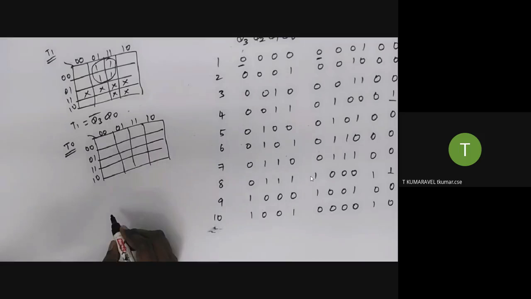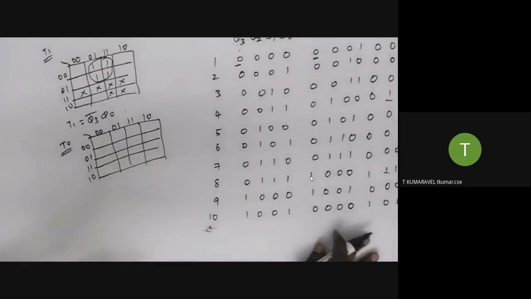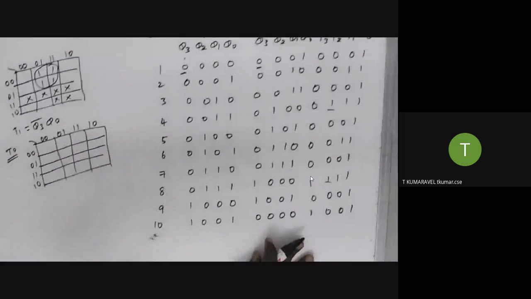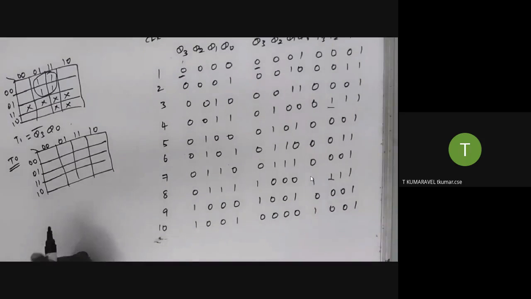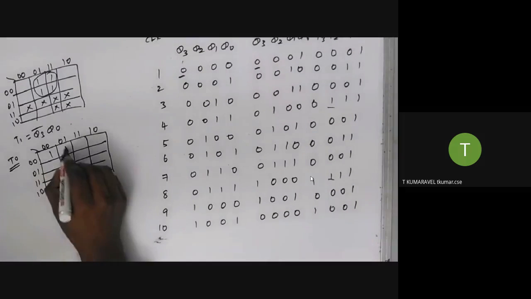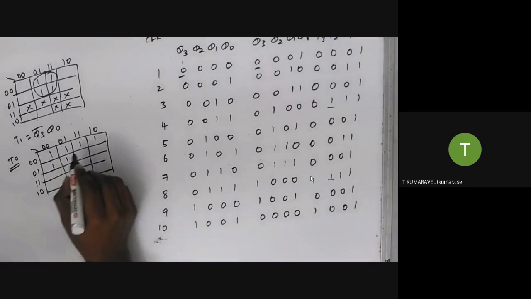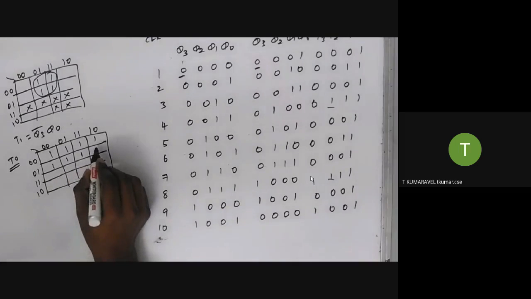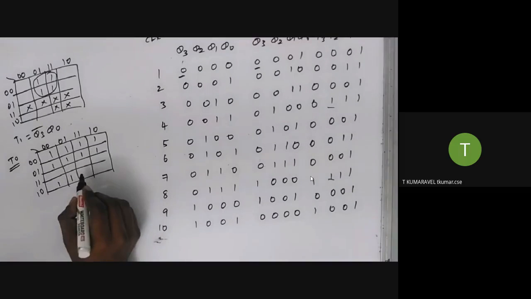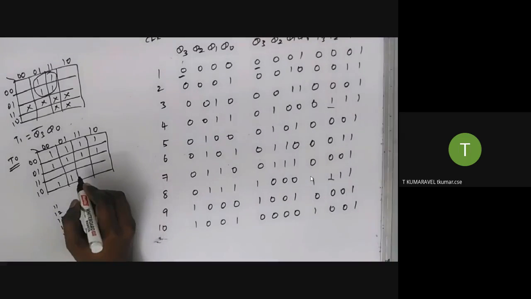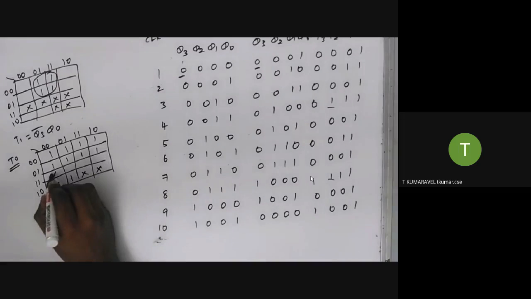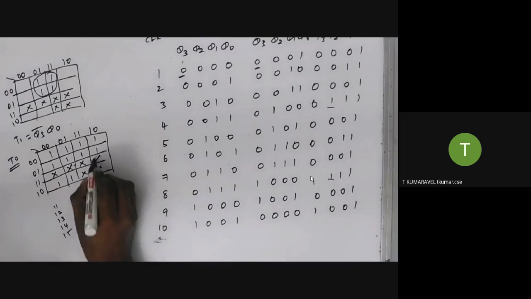For T0, all the places' values are 1, so I am going to write 1 in all of them. But we don't know the value of 11, 12, 13, 14, 15, so those places I am going to fill with the don't care condition.